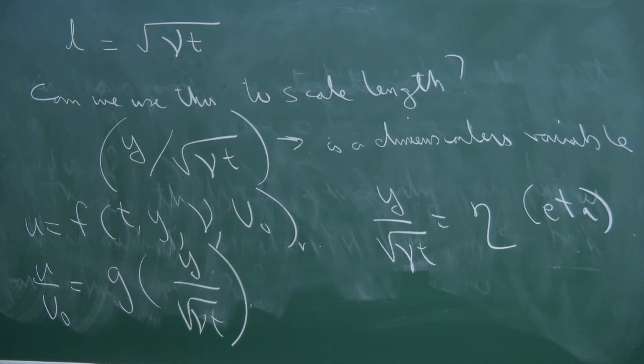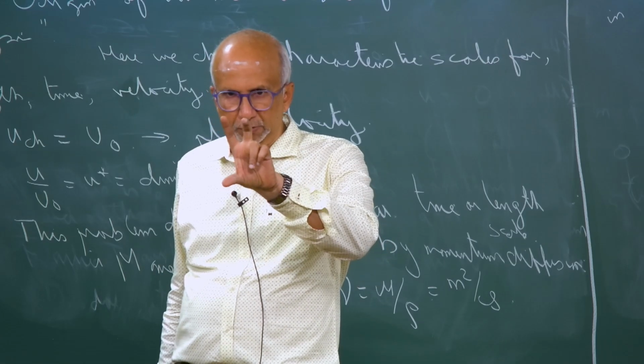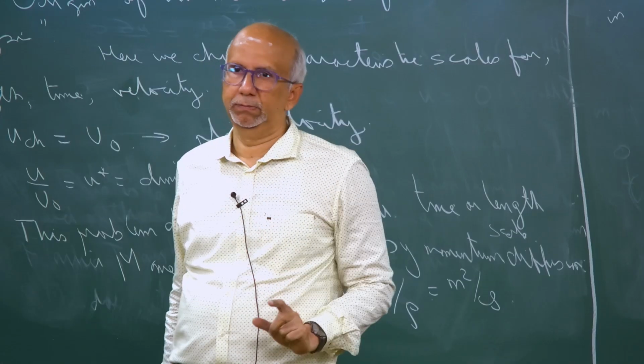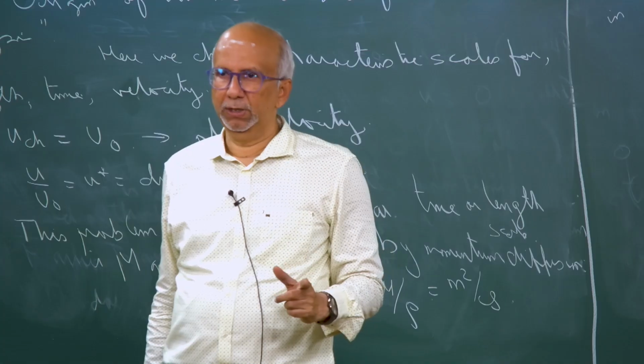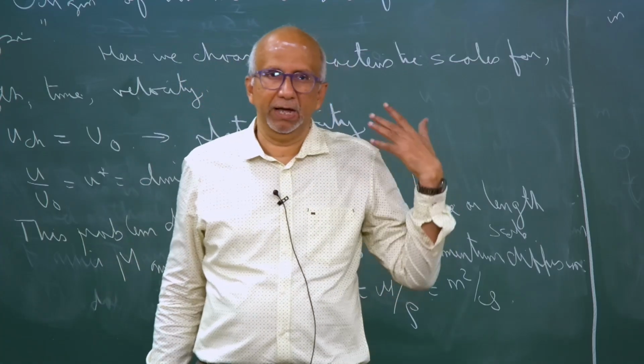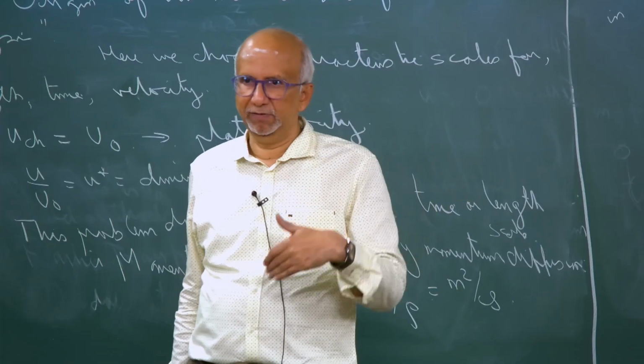So, basically what I am doing in similarity transformation is I am trying to seek a solution not in terms of t and y separately, but I am saying that the solution depends upon this group y divided by square root of nu t. Okay. And I will now say, look, I will proceed, if such a solution exists, I will get a solution.